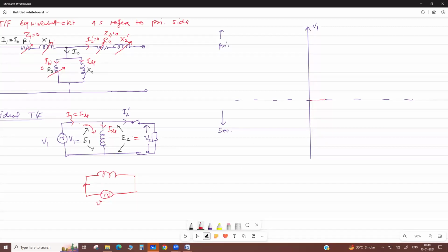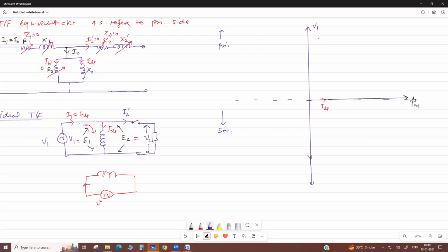So this magnetizing current is I mu. That produces a flux in the core. Here a flux is produced. It is in phase with the current only, phi is proportional to I. So this is your magnetizing flux. Now when this flux comes, there is an induced voltage E1 and E2.